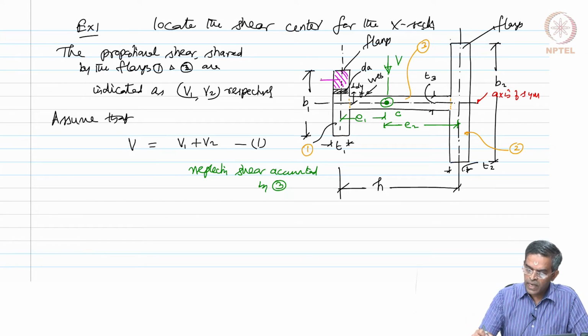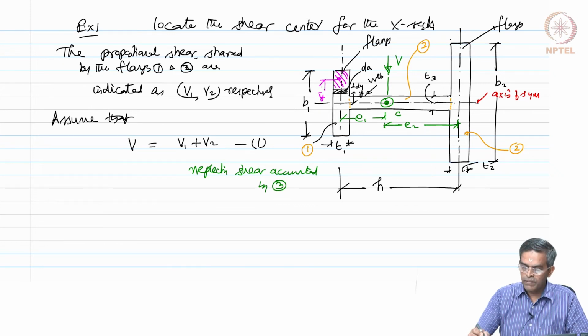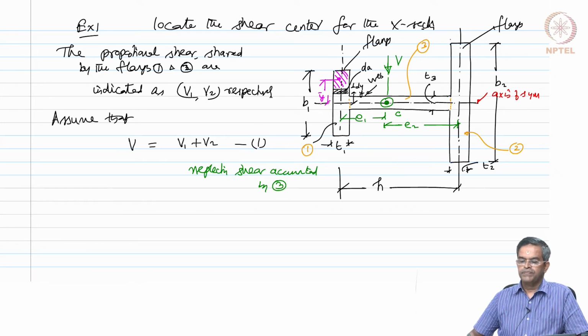This part has a CG, let us say that is y bar from here, from the axis of symmetry or from the line where the shear center is being located.